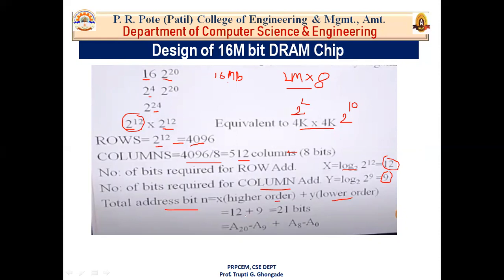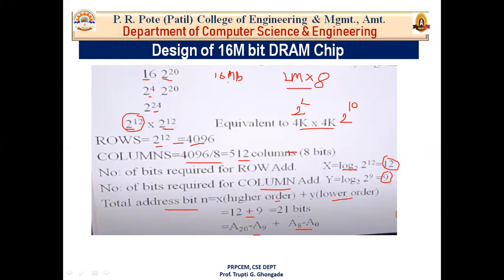It is 12 plus 9, that is 21 bits required to address. So A0 to A8, 9 bits, represent the column, and A9 to A20, 12 bits, represent the row. So you require a total of 21 bits.